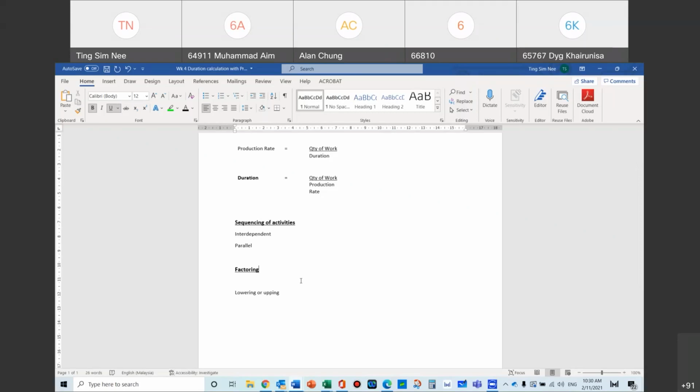Another way of doing it is just basically based on some form of previous site experience or previous site data. For your understanding of your resources, you can actually lower down your productivity rate a little bit, or in some cases, you may want to increase your resources.